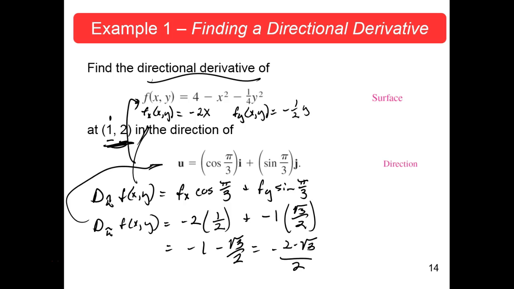They left it as this one, minus 1 minus root 3 over 2, and they gave it as negative 1.866. So what that means is, why did the second one use minus 2? Well, I just wrote this as minus 2 over 2, and then put it over the least common denominator. That's all I was doing. I thought maybe they'd write it in that form. They didn't.